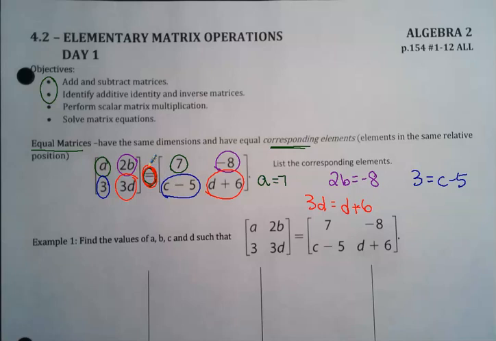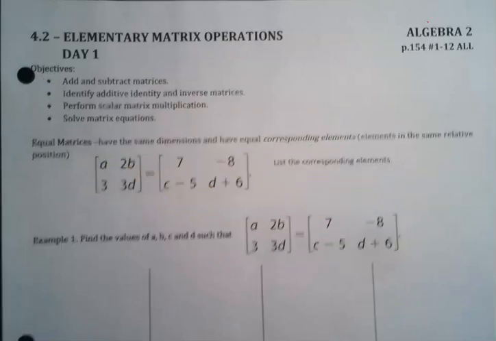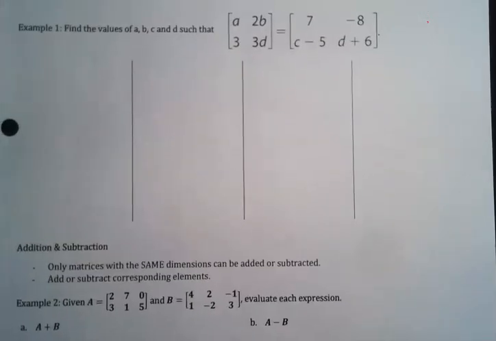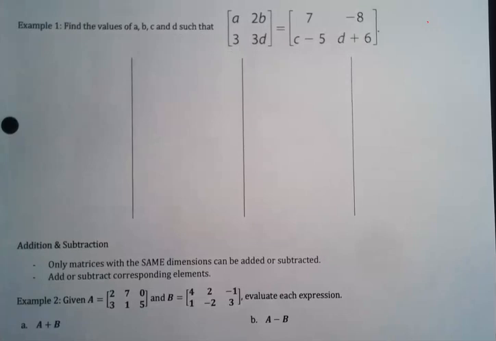All right, so for example 1, it says find the values of A, B, C, and D such that. So we're actually going to take these and write some equations to actually solve them, which you've already written the equations, but still. Okay, so we know that A equals 7. Well, wait a minute.